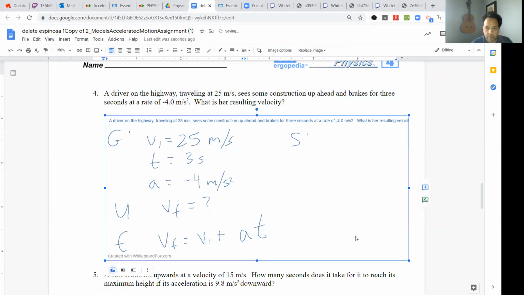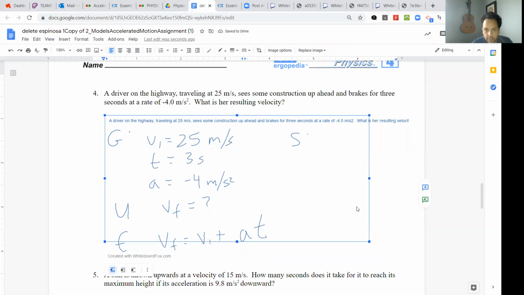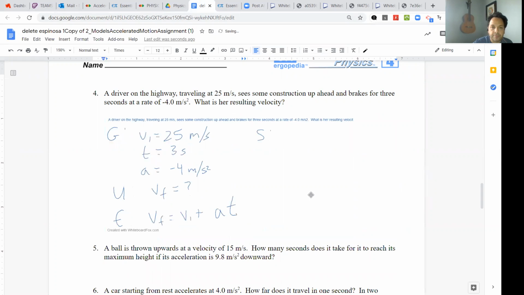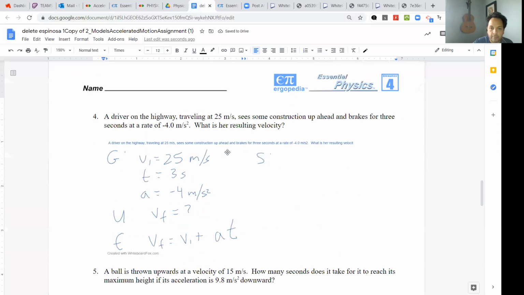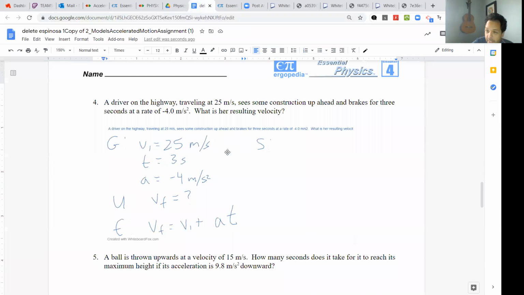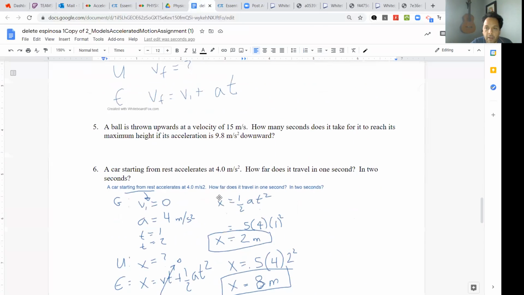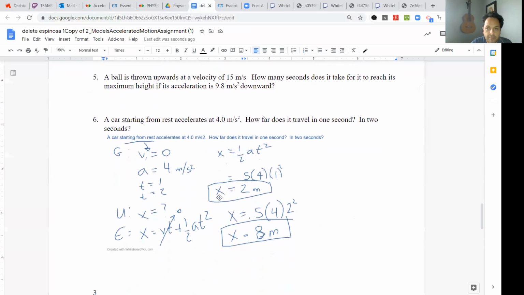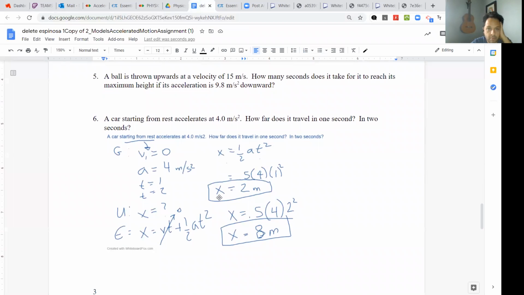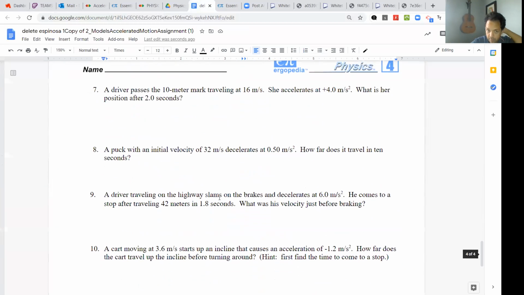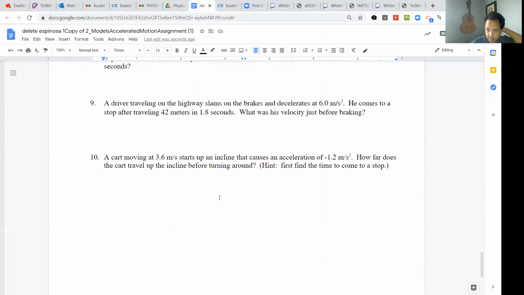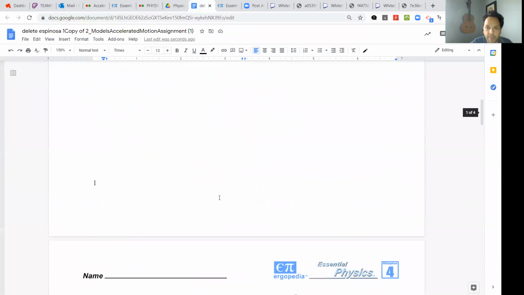So that's the start of it. You have to substitute and solve. You could pause it, copy down the equation, the givens, unknowns. All the rest are the same. There are some tricky ones in there, but give them a shot and then we'll go over them again later.